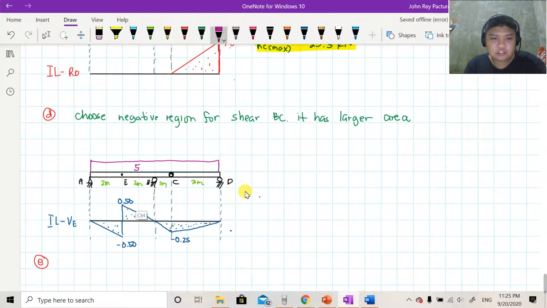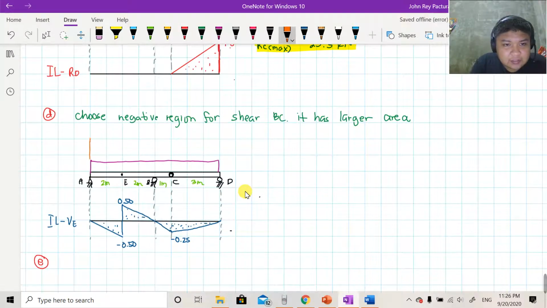Wala tayong choice dito. Yung dead load, kahit anong mangyari, you must apply that all throughout the span. But for the live load, ilagay lang natin siya sa lugar na may negative shear. Sa case nga niyan, nandito lang siya. So this will be 12 kilonewton per meter and 12 kilonewton per meter.